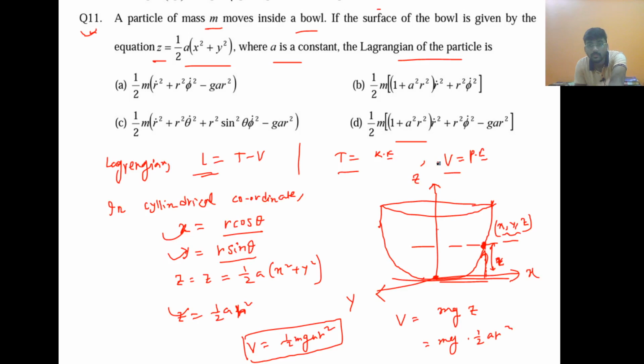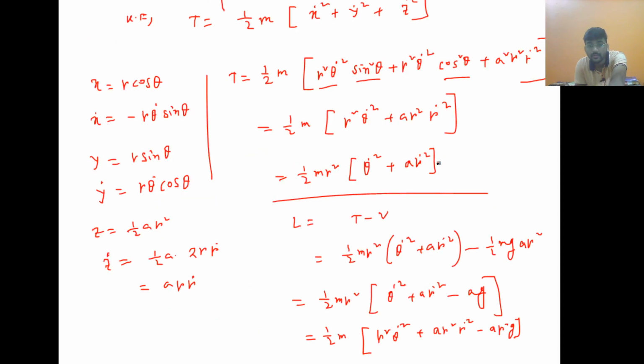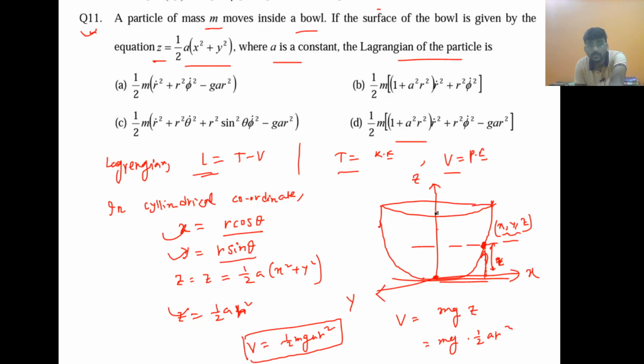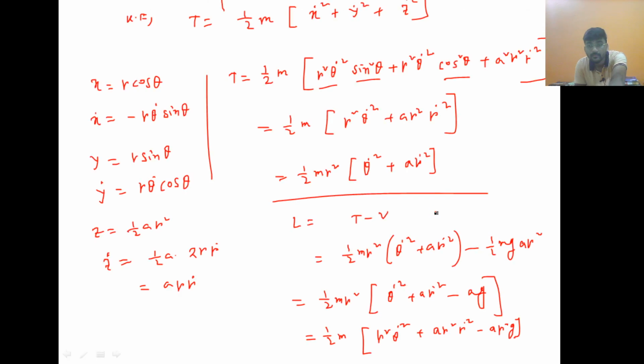Half m into r dot square plus r square phi dot square, that means theta dot square, minus g r square, but a into r square r dot square, but the a is... is there anything missing?